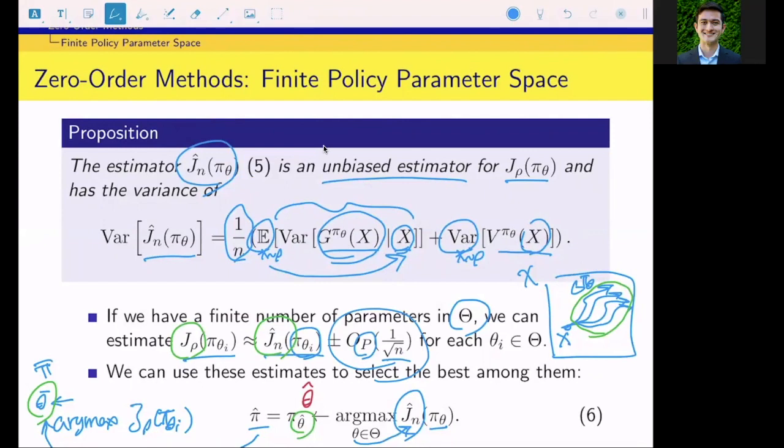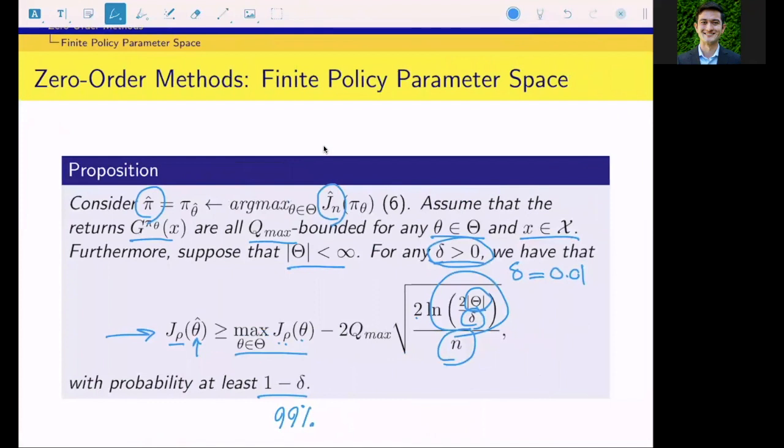The other question I had was, on the slide that you covered most recently with the Q max, does this require us to know what the Q function is? Not really, because this is a kind of general theoretical result. It says that if everything is bounded by some number, then this is the guarantee you can get. But if you actually want to calculate that value, usually in many problems, you know Q max. Why?